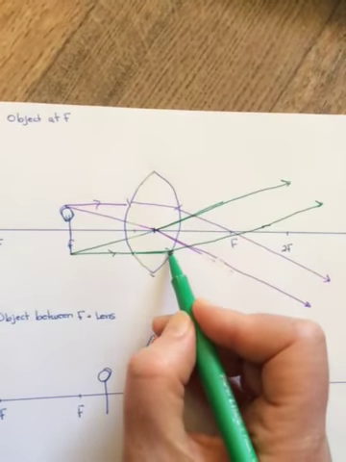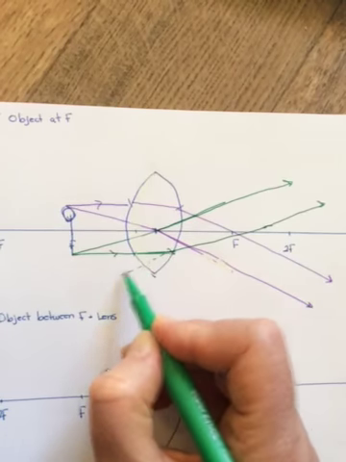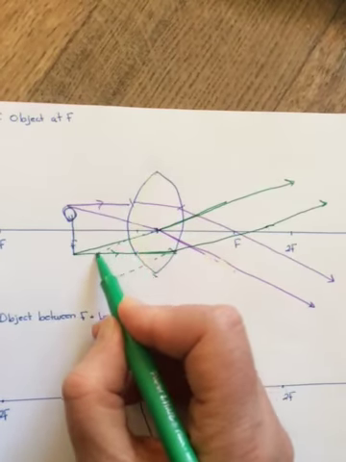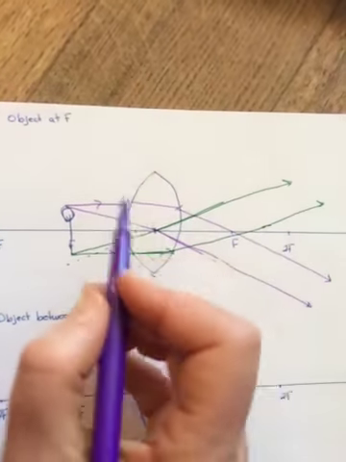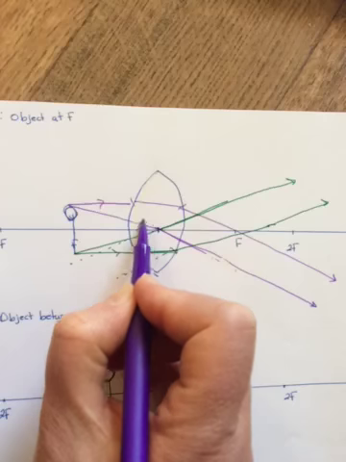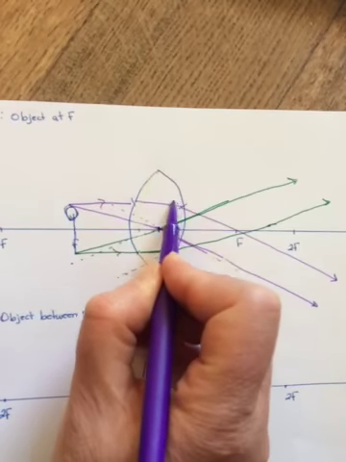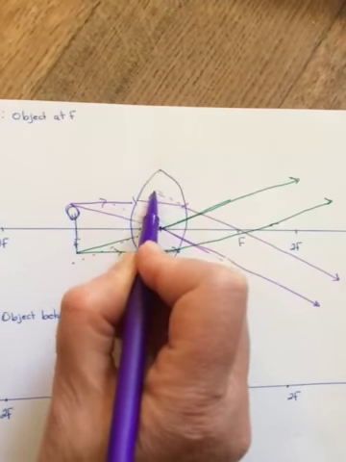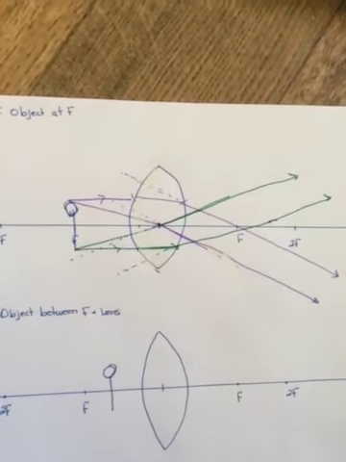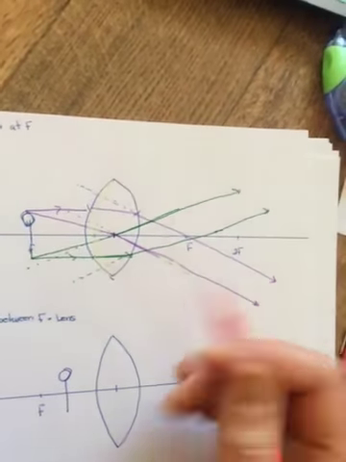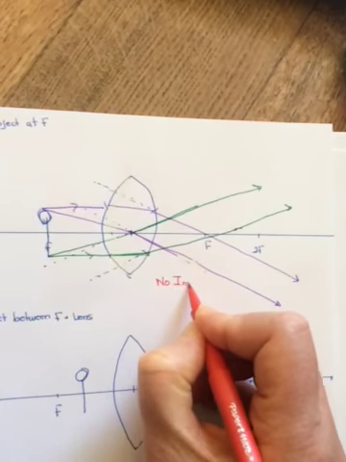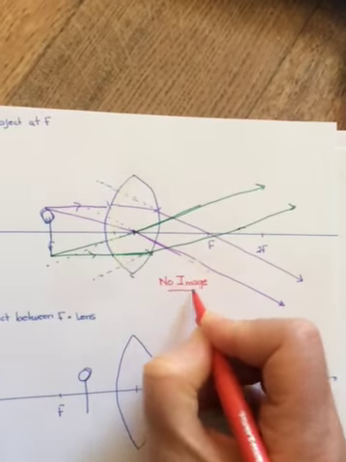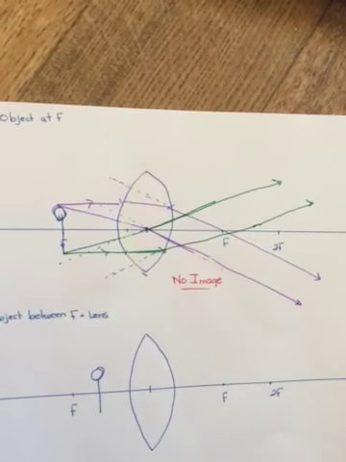So if you've noticed, these cases are paralleling the mirror ones, and so what you should see here is that these refracted rays do not cross. They are parallel. And so what that means is no image. Just like there was for that case in the mirrors.